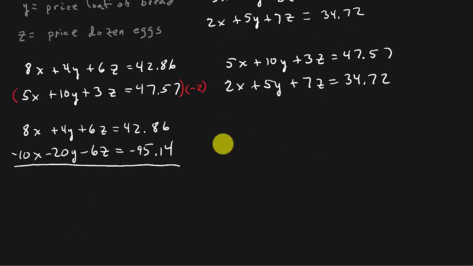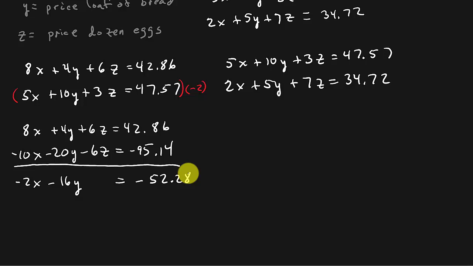And then I add them together, and that is going to give me -2x minus 16y equals -52.28. Okay. All right. So we're good here. We're on our way.